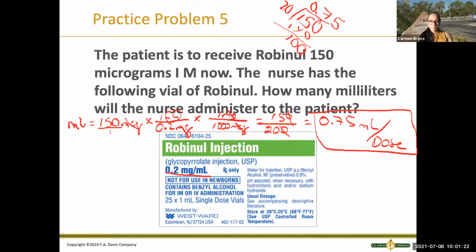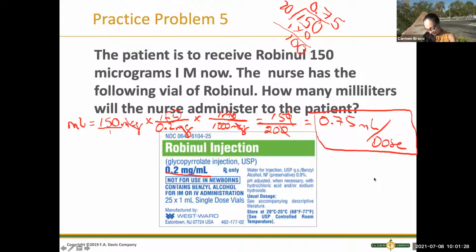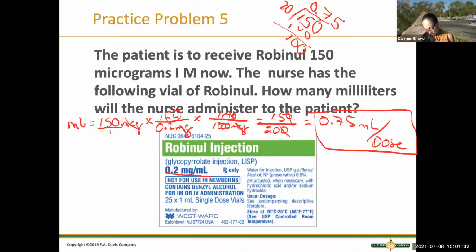Yes. Yep. I keep forgetting that you can take off zeros before dividing. I know, I forget sometimes too. All right, that way, or you can use the metric line to help yourself know how many milligrams 150 micrograms would be.